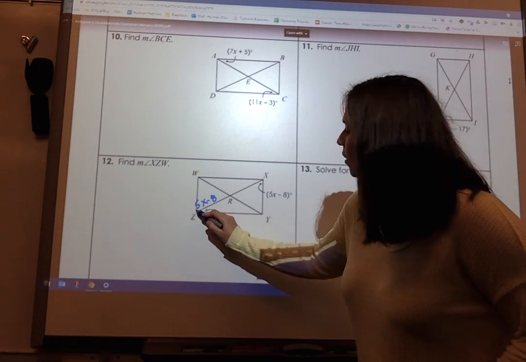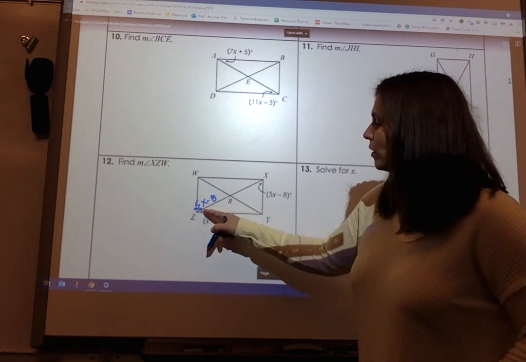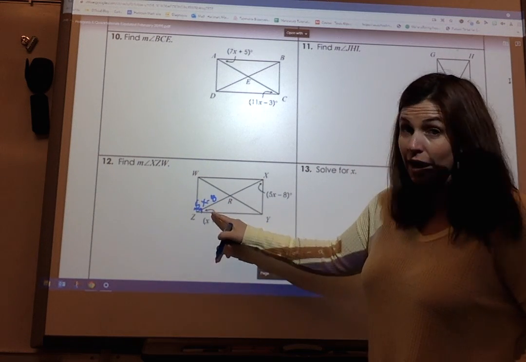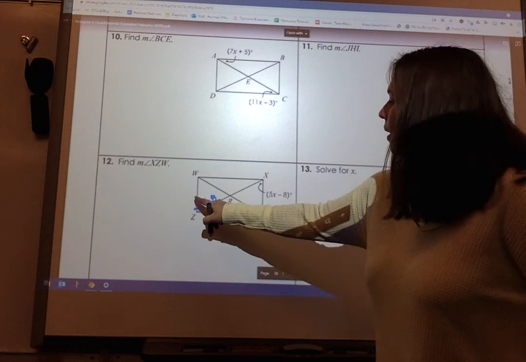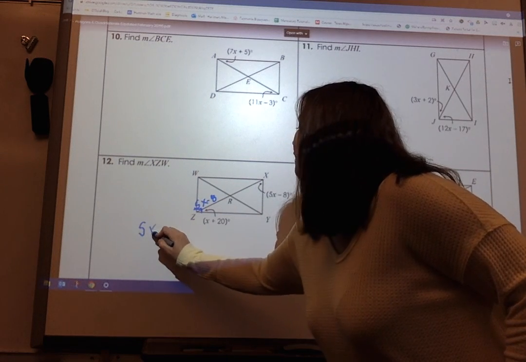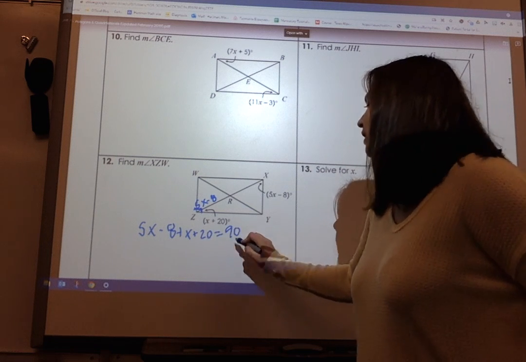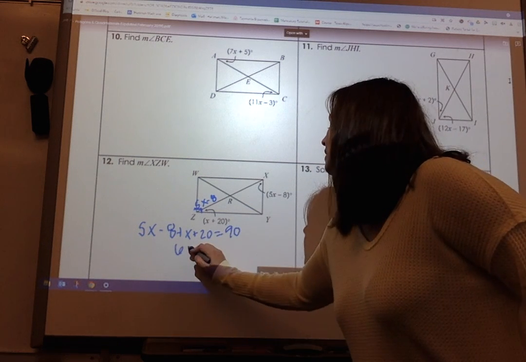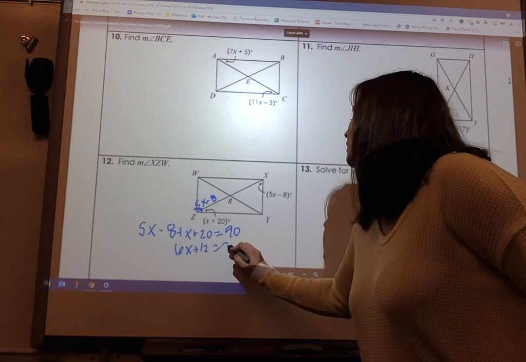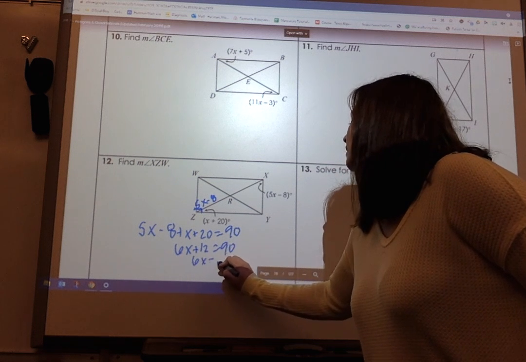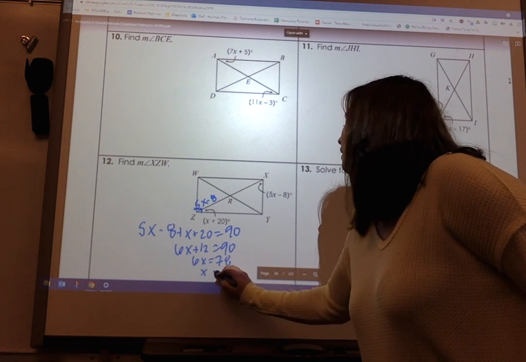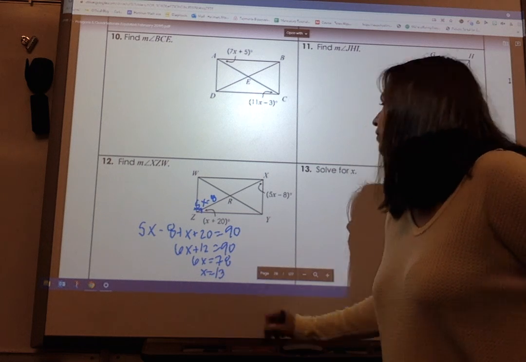And what do you know about this angle measurement on a rectangle? I know together they equal 90 degrees. So I can add these together, 5x minus 8 plus x plus 20, and all that's going to equal 90 degrees. So then I get 6x plus 12 equals 90, 6x equals 78, and then x equals 13.